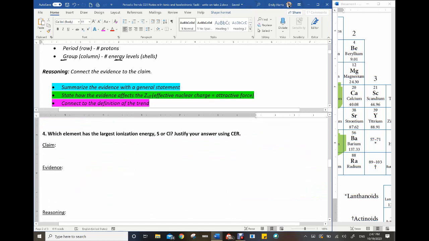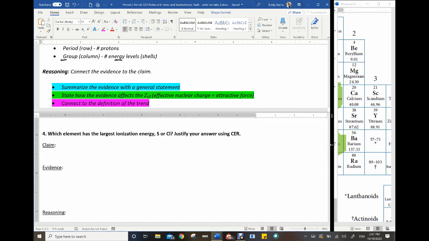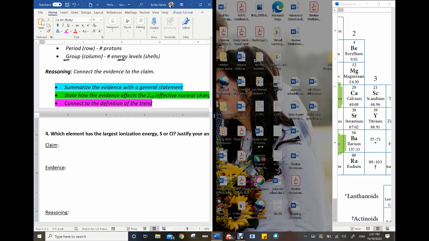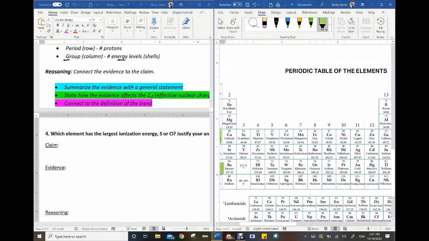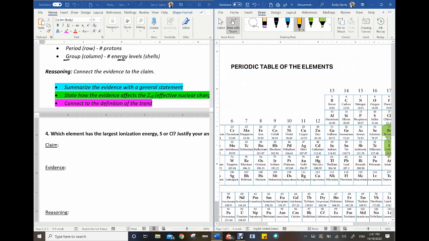All right, so here's the number 4 CER example for us to try. So again, we're still working with ionization energy, but this time we've got sulfur and chlorine. So let's find those on our periodic table. And here they're going to be asking us to choose which one has the largest or highest ionization energy.